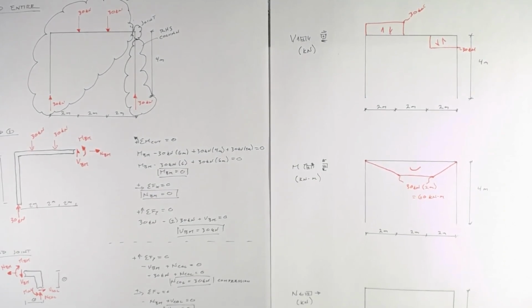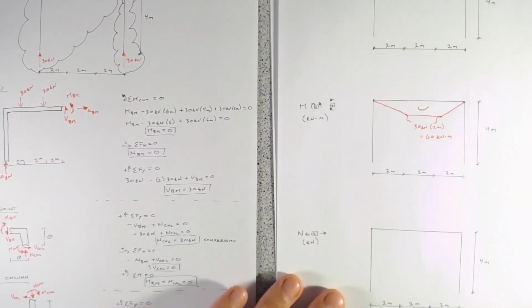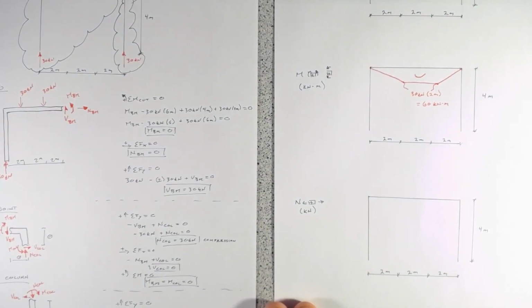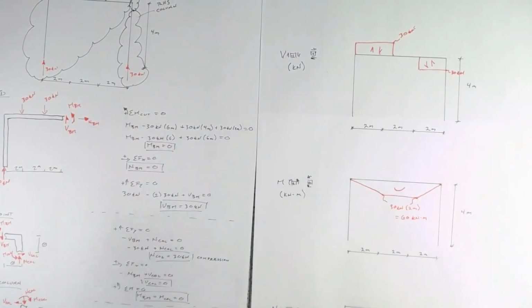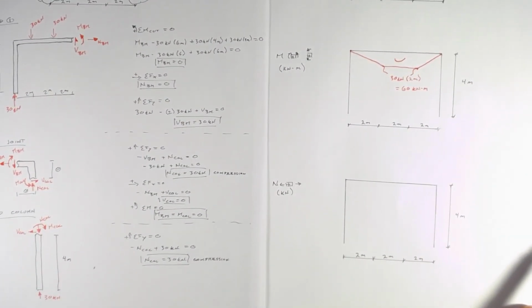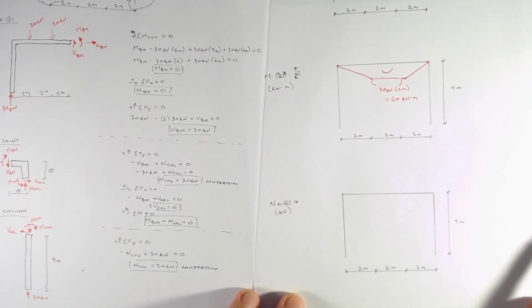Now, the final diagram which we need to draw is the axial force diagram. Again, remember the shear force, if it's in a beam, is going to turn into axial force in a column. And that's exactly what our free body diagrams have shown. It shows that in both columns we have 30 kilonewtons in compression.